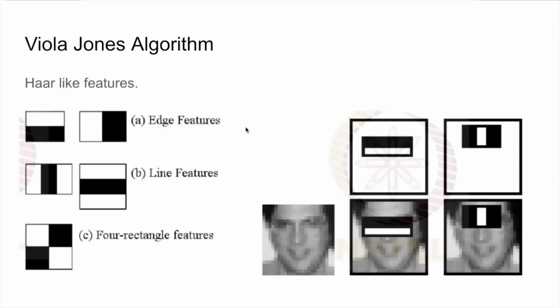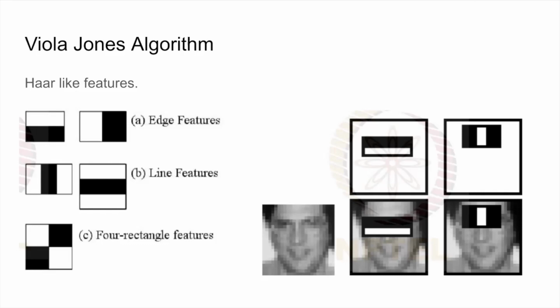So Haar-like features come primarily from the fact that they imitate Haar signal waves, which are black and white signal waves representing 0 and 1. They can be two-rectangle features, vertically and horizontally, black and white, or four-rectangle features, white, black, black, white.